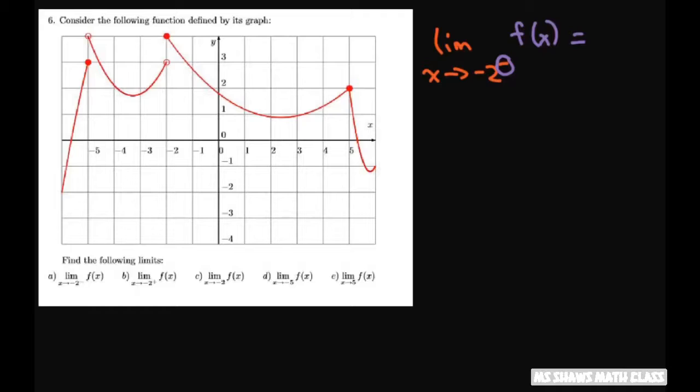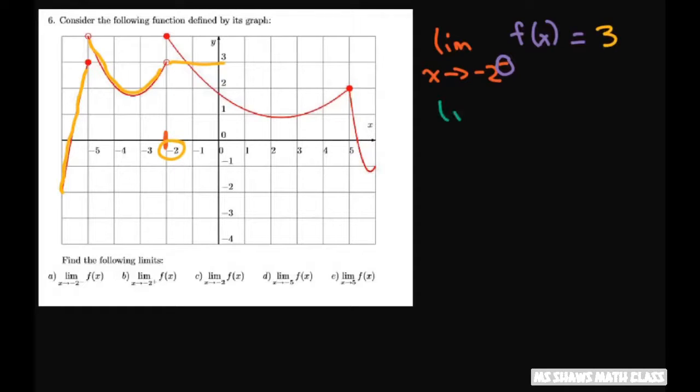So this is your x value. All right. So that means we're going to go from the left, and we start over here at this graph. We go up here, we make a jump, then we go through here, and we stop here at 3. So this equals 3.